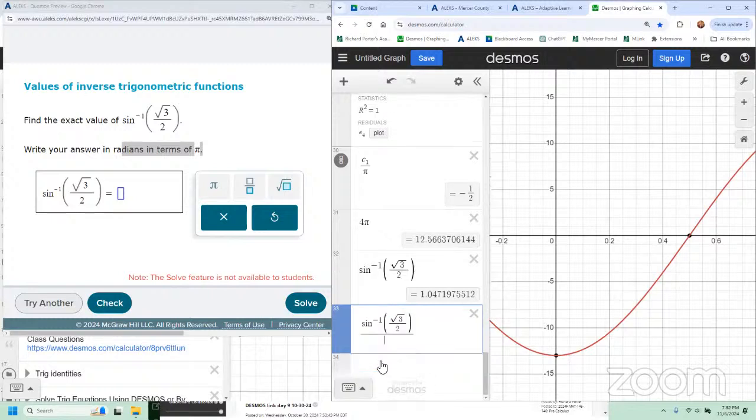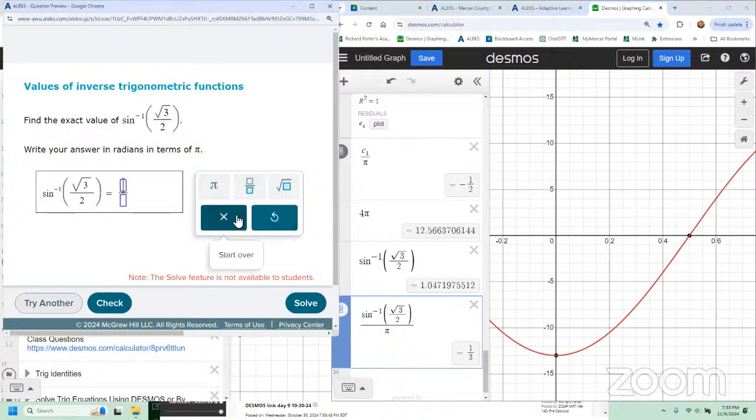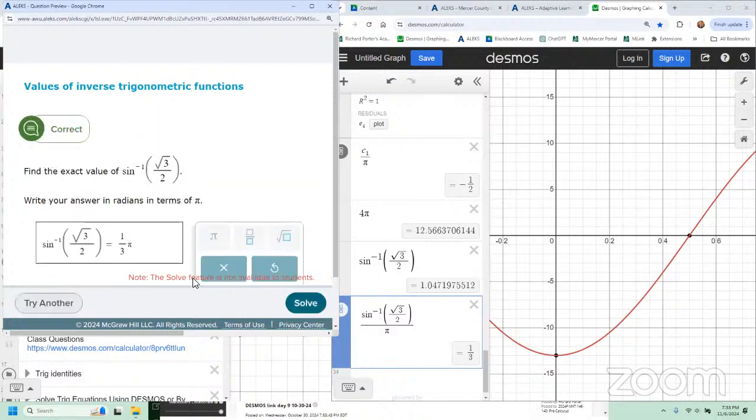Divide by pi. Divide by pi. And what do you think the answer is? It's 1/3. So what's the answer? 1/3 pi. Okay, so that's going to be the answer.